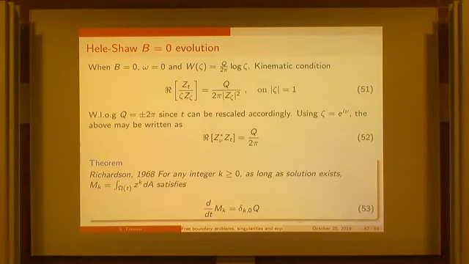Now, without loss of generality, Q equal to plus or minus 2 pi, because you can rescale your time to absorb the magnitude of Q, but I will keep the Q just because it reminds us whether we're talking about Q positive or Q negative, right? In other words, whether it's a suction problem or an injection problem.